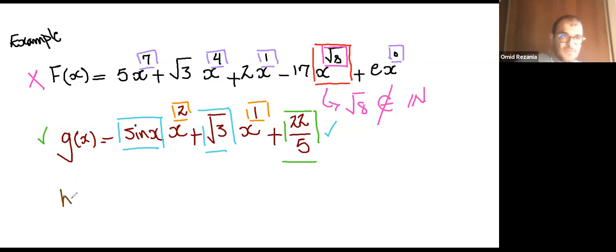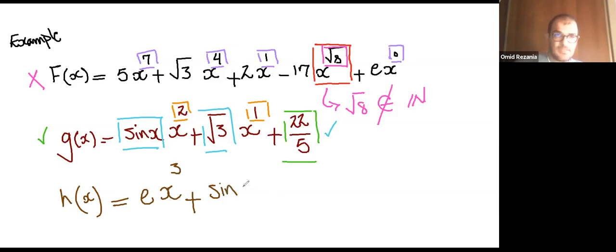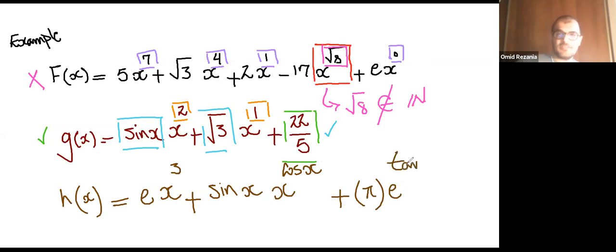Okay, I'm going to go with the next function. I say that h of x is going to be this: e, the natural number, to the power x, to the power 3, plus, let's say, sine x to, let's say, x to the power cosine x, plus, let's say, minus pi times e to the power of tangent of x.